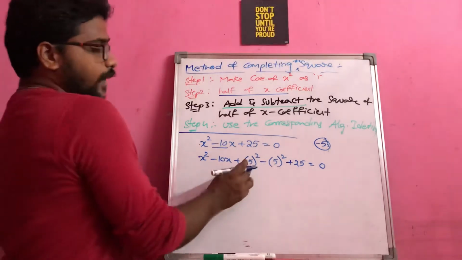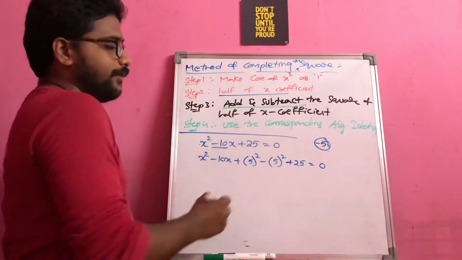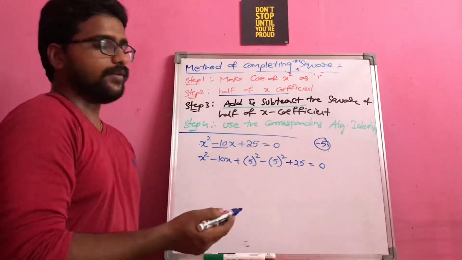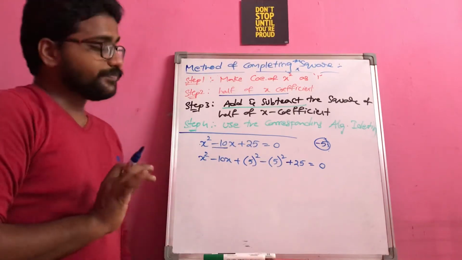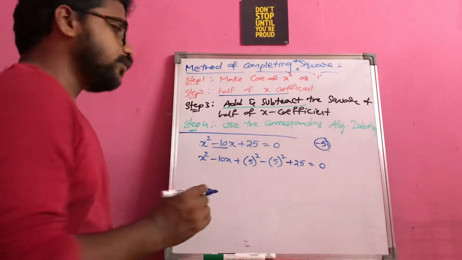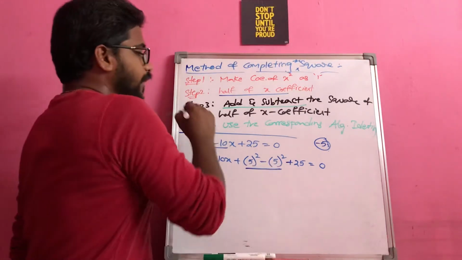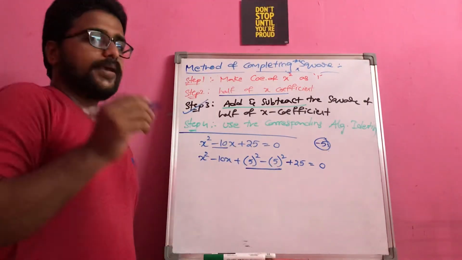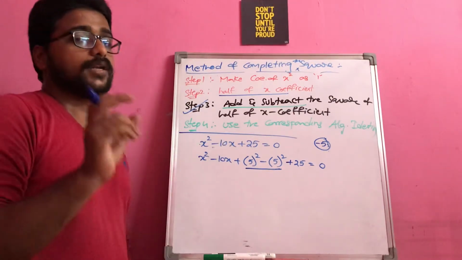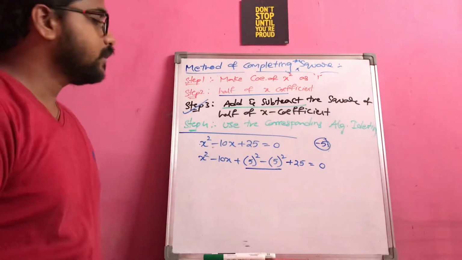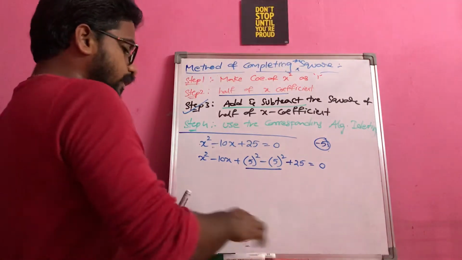As I am adding and subtracting the same term, these two will get cancelled anyway. You will again be left with the same equation. Try to add this part, that means try to use this step 3, in between the middle term and the constant, so that your calculation will become simple.